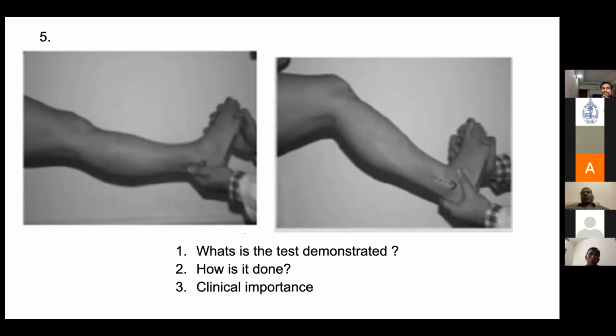Yeah, good. So do the ankle dorsiflexion in knee extension and see the amount of dorsiflexion coming, and then repeat the same with the knee flexion. If the ankle dorsiflexion increases, there is a gastrocnemius contracture. That is the test to distinguish whether the contracture is due to gastrocnemius or due to soleus alone. That is the clinical importance.